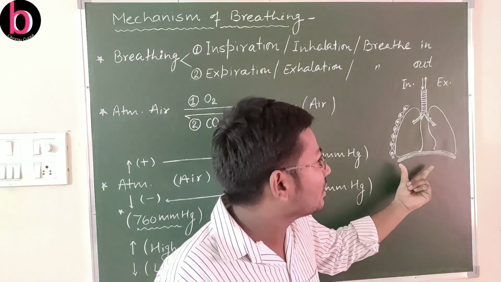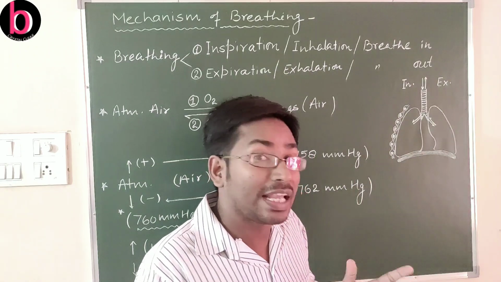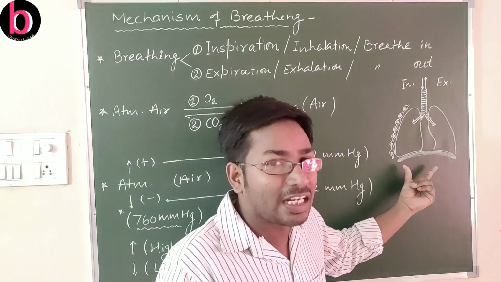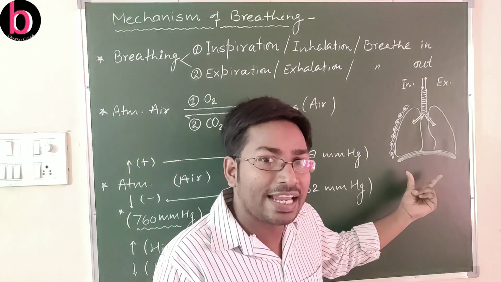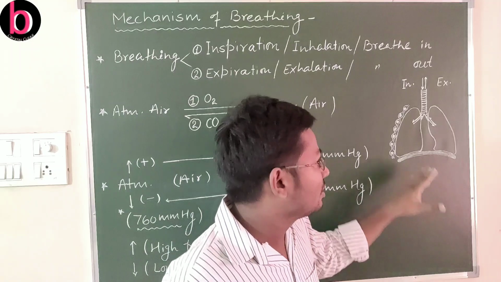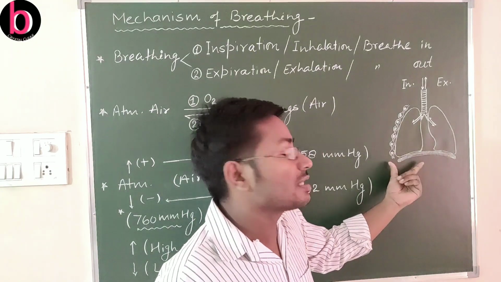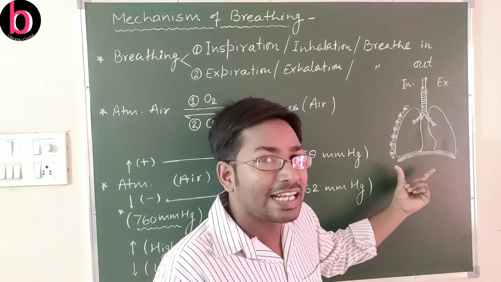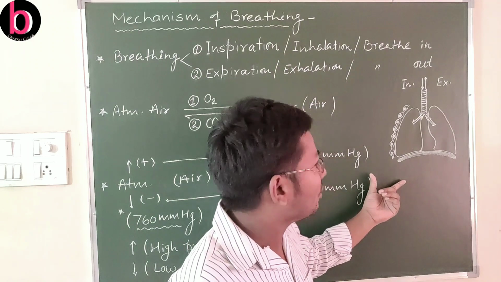Most of the time this functions as involuntary muscle, but we can also control the activity by stopping breathing for a few seconds or for a few minutes. So this is the diaphragm, also known as phrenic muscle, the primary muscle that helps in the process of breathing or in the mechanism of breathing.